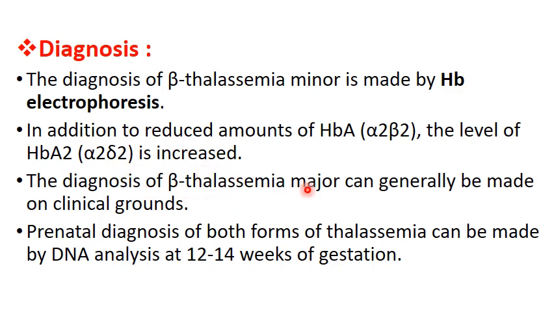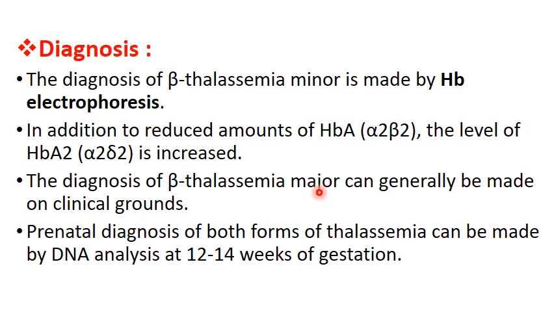While in beta thalassemia major, the clinical feature of the patient is obvious on the face. Especially, we said that in hemolytic anemia, because there is erythroid hyperplasia, which leads to expansion of the bone marrow space, which leads to resorption of the bone.